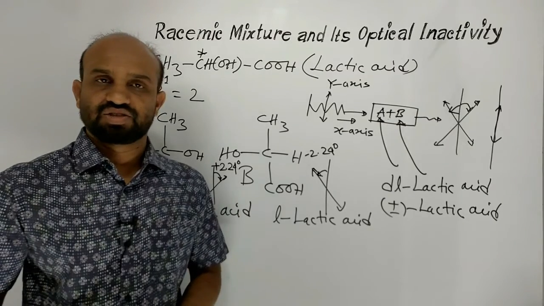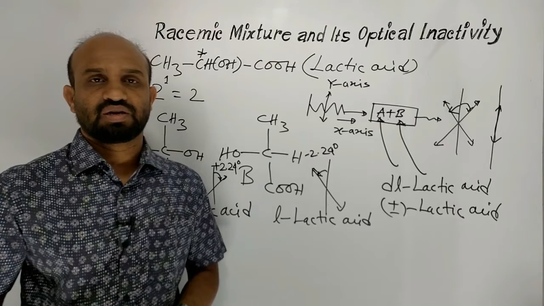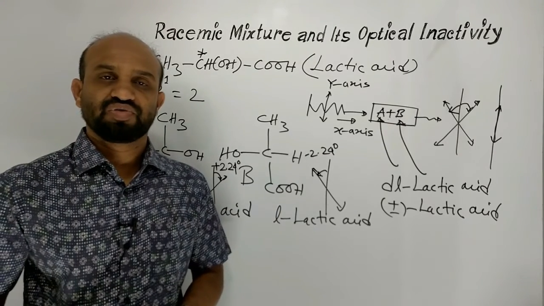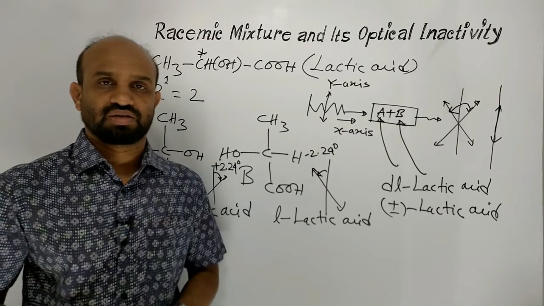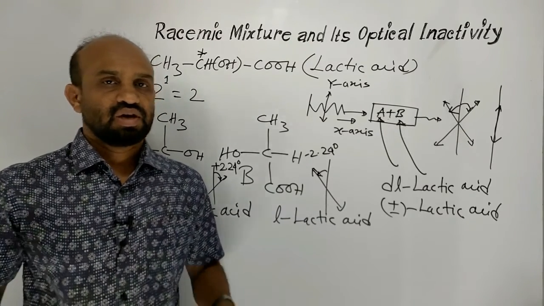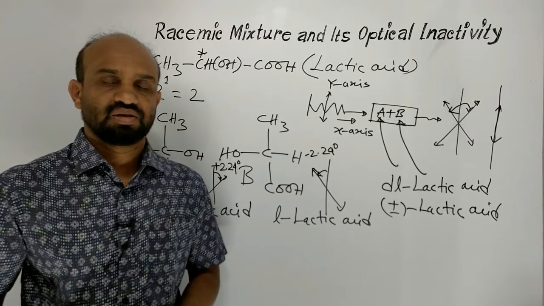Racemic mixture is defined as a kind of mixture of D and L isomers that has no effect on the plane of the polarized light. This mixture is called racemic mixture, and this process is known as racemization.